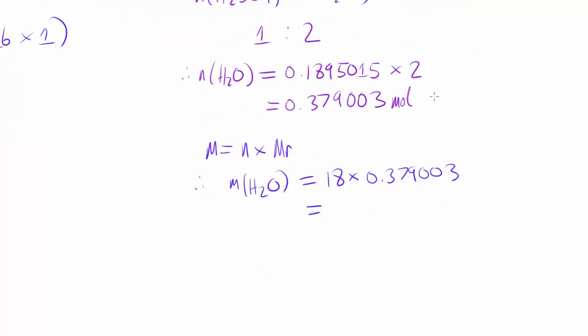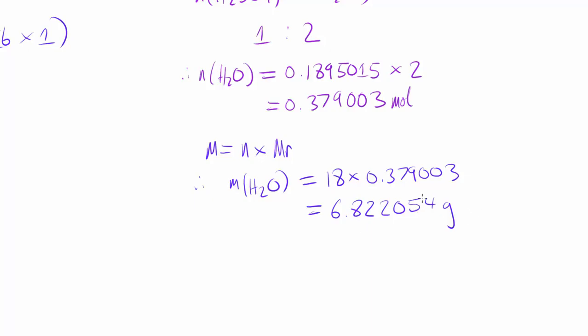Feel free to have a go and see what you get when you run that calculation. You should find that you get 6.8222054, and that's going to be in grams.